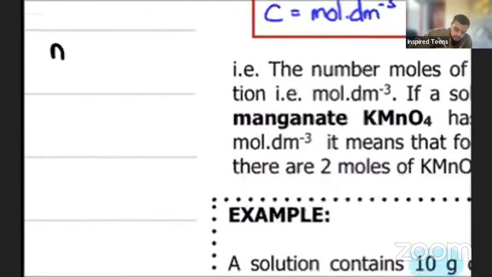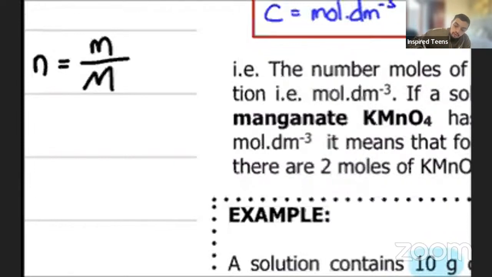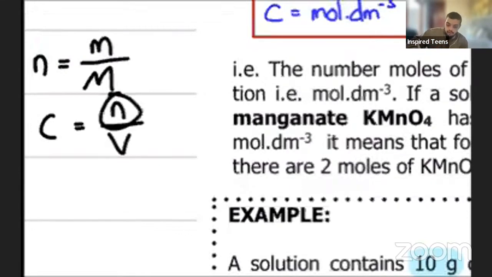Knowing these formulas might sound obvious, but knowing that if you have the mass, you can always get the moles. And if you have the moles, you can always get the mass because molar mass is always known from the periodic table, right? Then understanding c is equal to n over V: if you know the moles, you can get the concentration provided you know the volume.